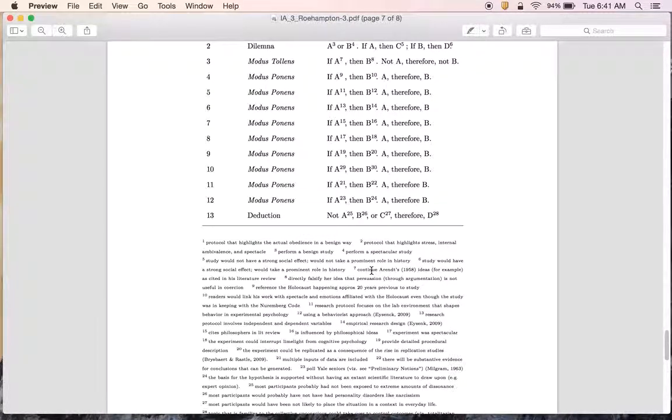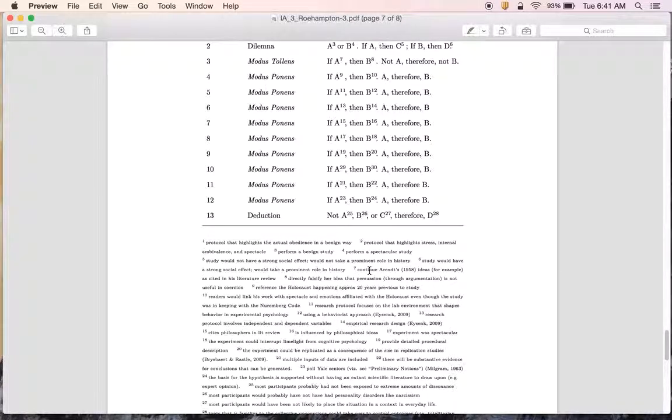So I argue that he could have continued Arendt's ideas as cited in his literature review, which are more benign threads of looking at authority, okay? And then the B is he could have directly falsified her idea that persuasion through argumentation is not useful in coercion, okay? Oh, modus tollens, sorry about that. It's not A, therefore not B.